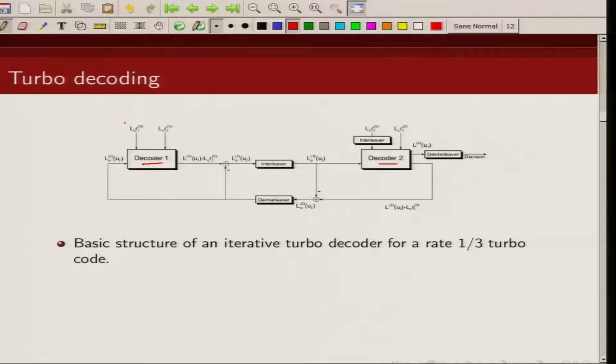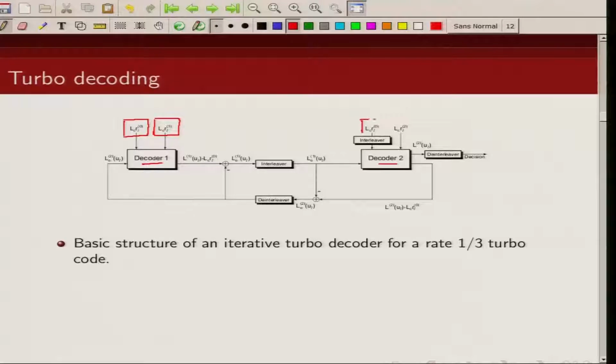These two inputs that you see are my inputs corresponding to the received information bit and the corresponding parity bit. This is my received information bit, which is interleaved before being sent to decoder 2, and this is the bit corresponding to the received second parity bit.